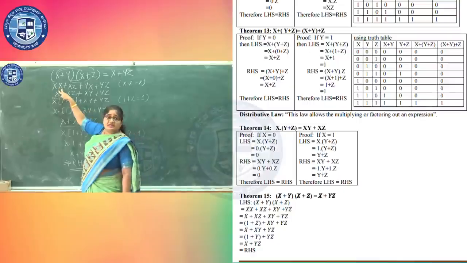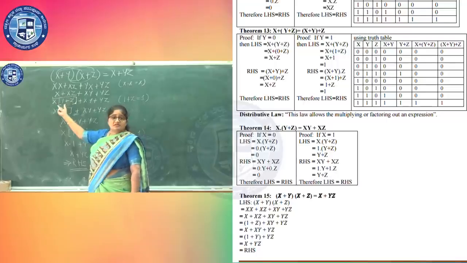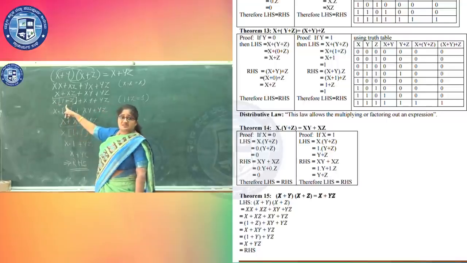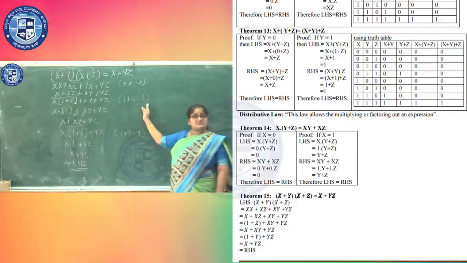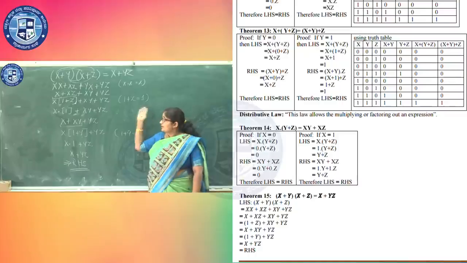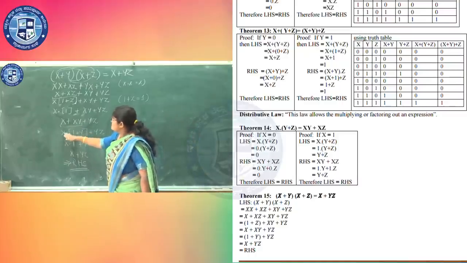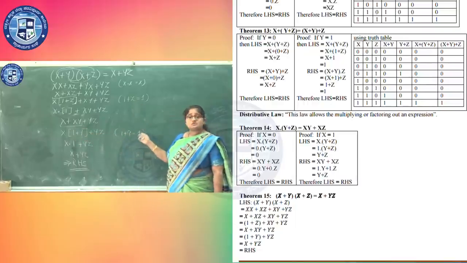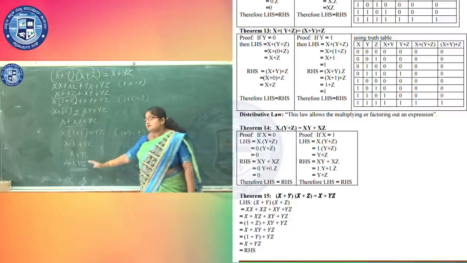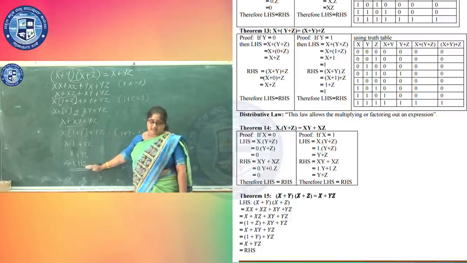So x into x, this is very important, x into x value to be 1, sorry x, and we are taking the common term x outside, and what is remaining is 1 plus z. 1 plus z is nothing but 1, and this is from the properties of 0 and 1. Then again we have taken x outside in this term, wherein 1 plus y we get, again 1 plus y is nothing but 1, and finally we reach the RHS.